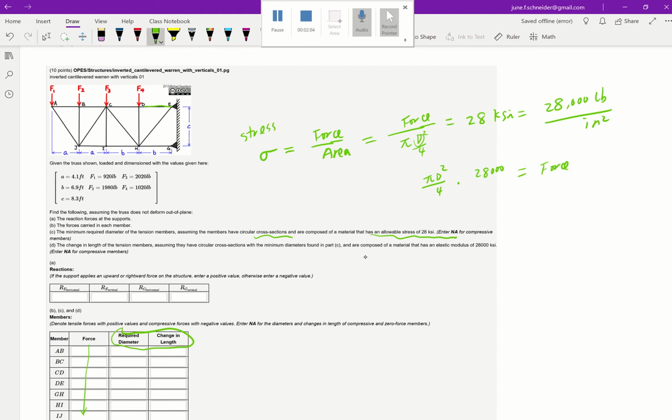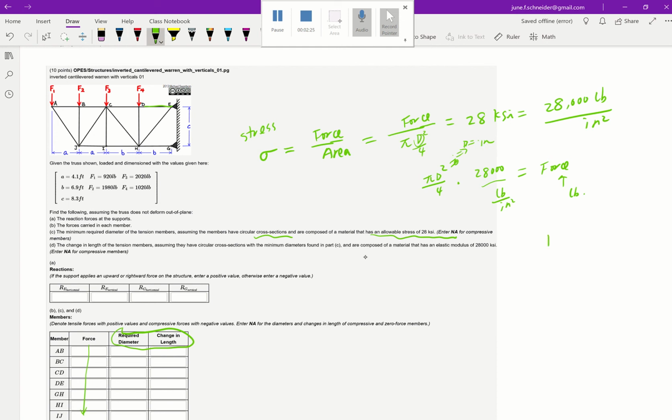Assume the force you calculated is in units of pounds, and this is in psi, pounds per square inch. Then the d you're about to calculate is going to be in inches.